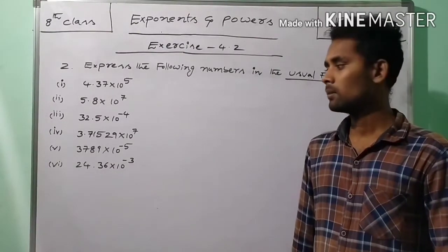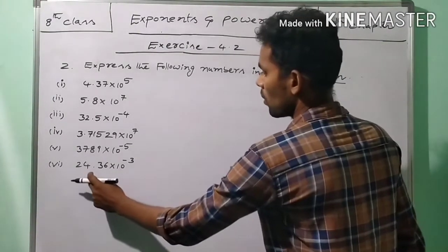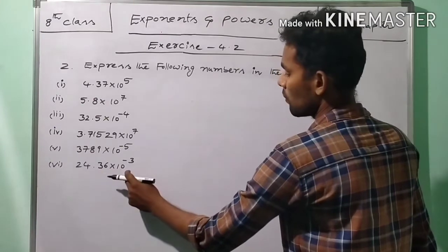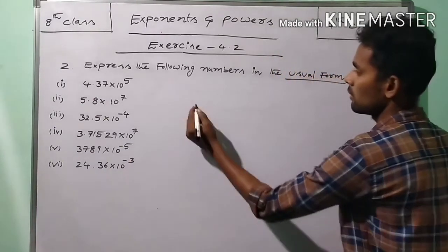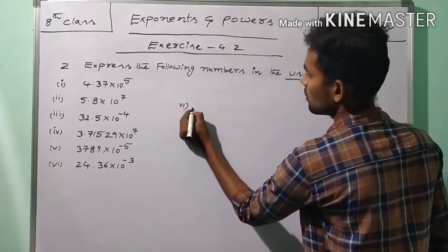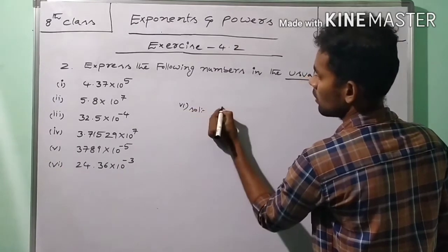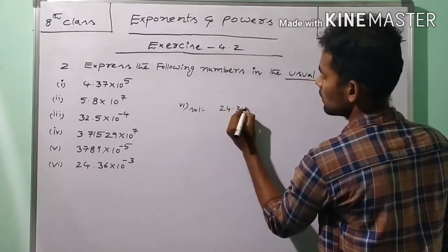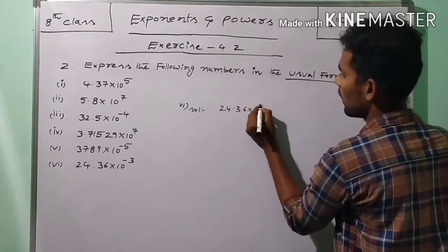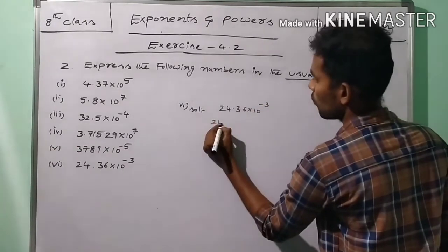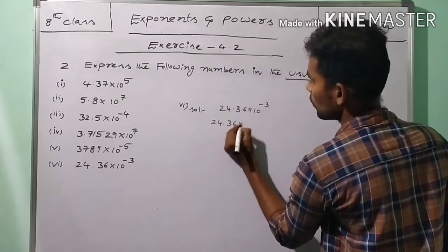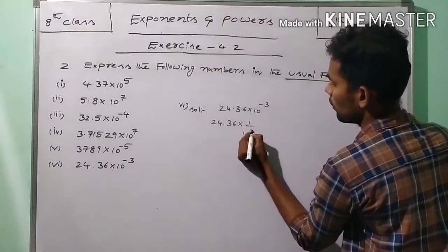Sixth question. 24.36 into 10 to the power of minus 3. Sixth question solution. 24.36 into 1 by 10 cube.